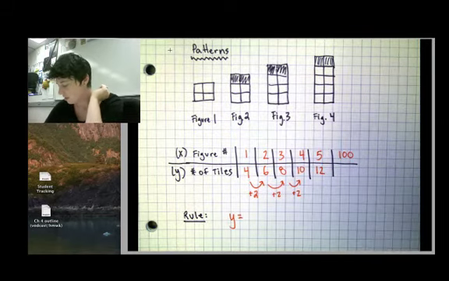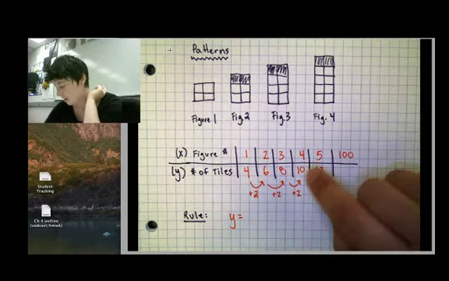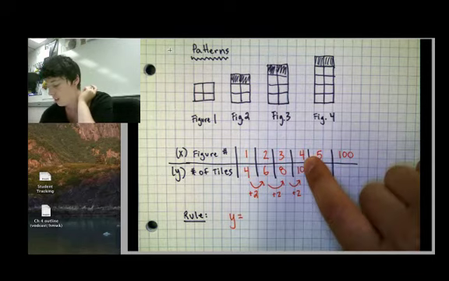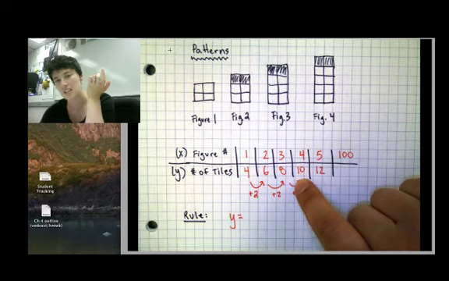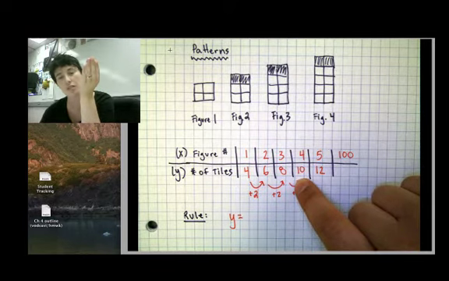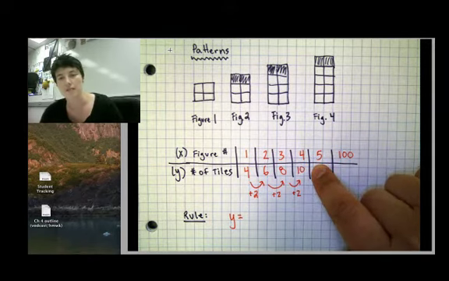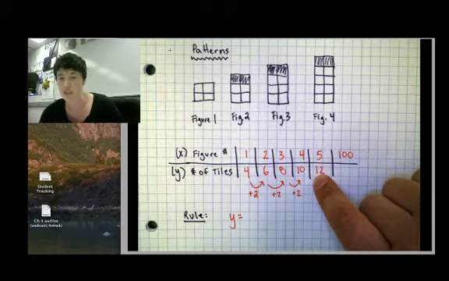What if you times these numbers by 2? Like 2 times 4. What's 2 times 4? 2 times 4 is 8. How are you going to make that a 10? You're going to add 2 onto it. 8 plus 2 is 10. Let's try it on another one. What's 2 times 5? 2 times 5 is 10. Plus 2 is 12.